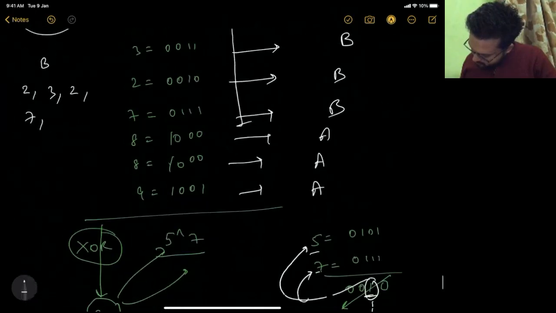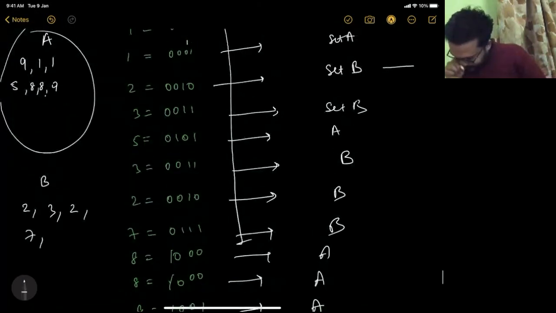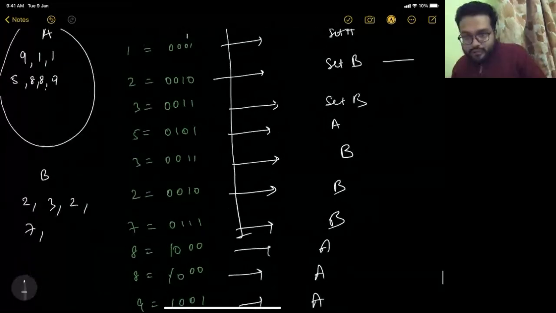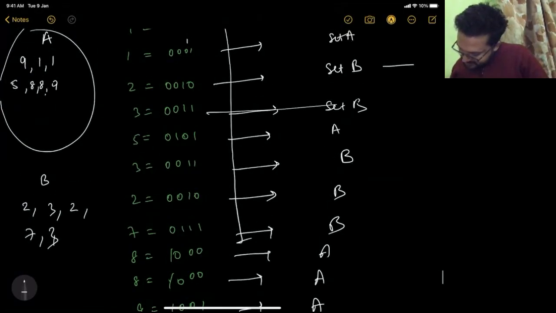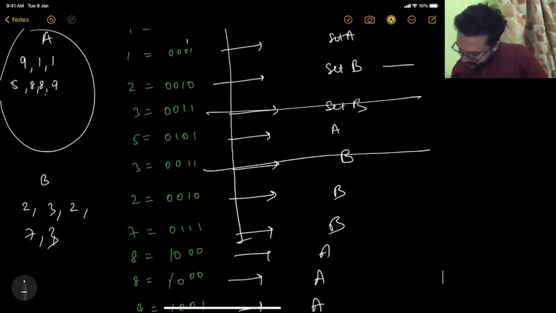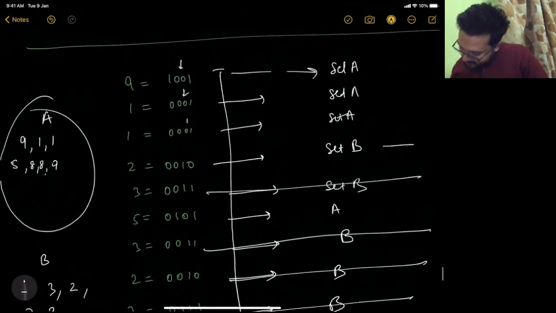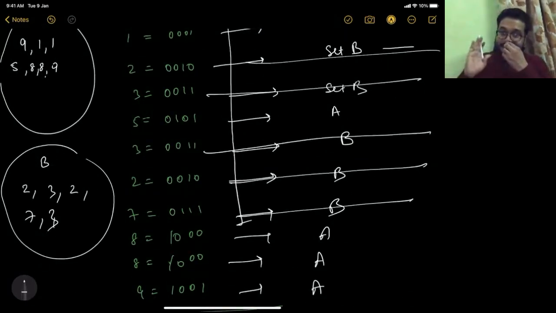I have divided my input into two sets. One set having the numbers which had 1 at that kth bit. The other set having numbers which had 0 at the kth bit. Now, do we know that one of my answers will lie in set A and the other will lie in set B? How many of you understand this?